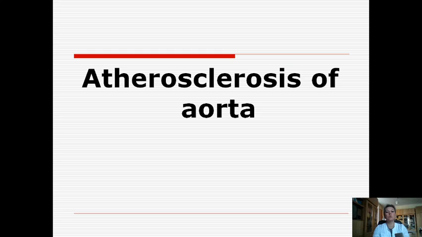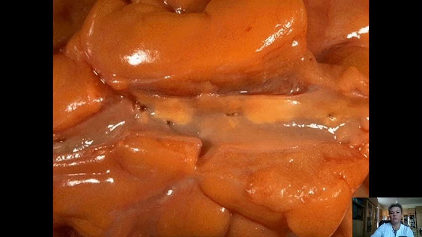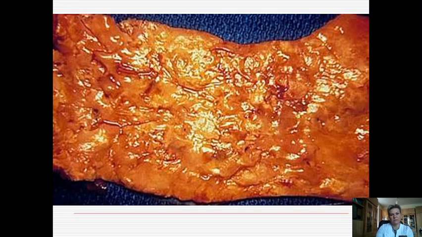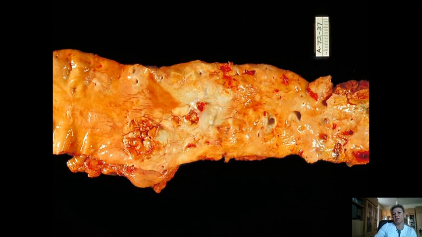What about atherosclerosis in the aorta? More often we see the abdominal part of the aorta affected. In the first and second stages we can't see clinical manifestation.